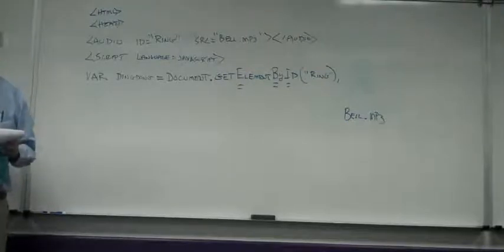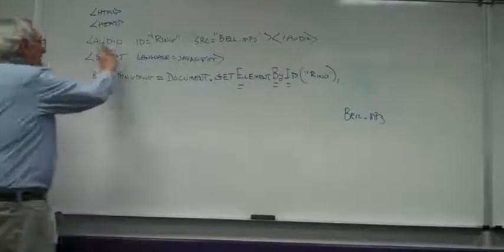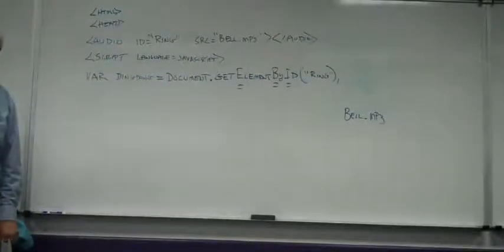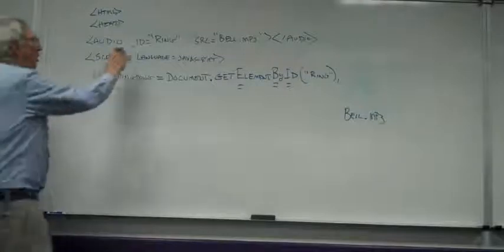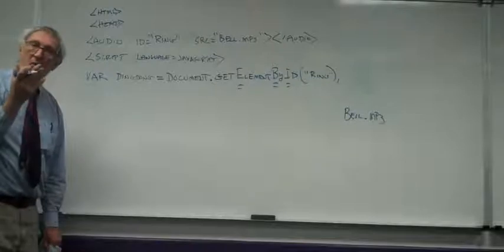So we've been exchanging data between HTML and JavaScript by using that technique. It turns out with the sound you can't do it that way. The sound doesn't travel that easily. So this audio part up here is an HTML instruction, which holds, that's why I gave it the name ring. It holds the name ring.